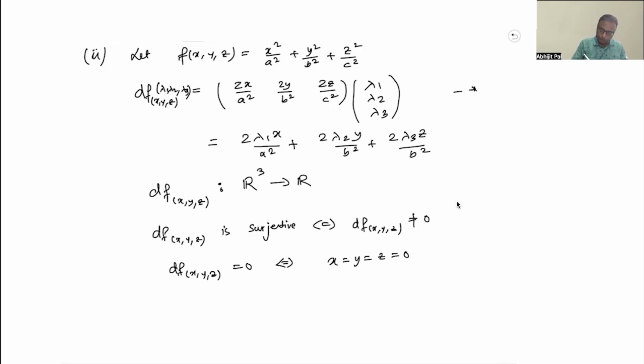Okay. So therefore, (0, 0, 0) is a critical point. In fact, it is the only critical point you'll get. So this is a critical point of f. Okay. And 0 equals f of (0, 0, 0), so this is a critical value of f.